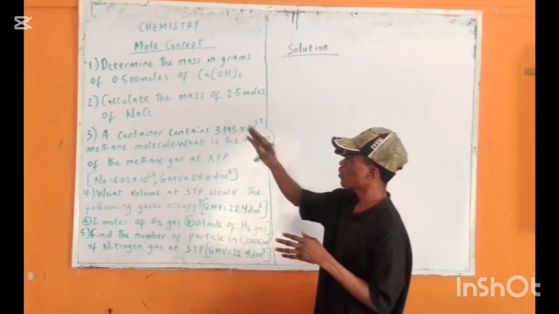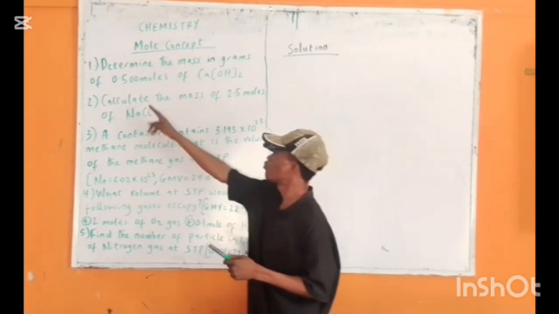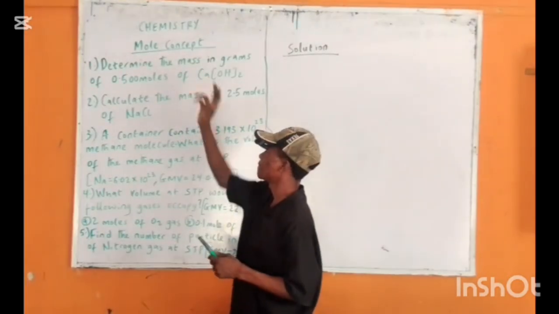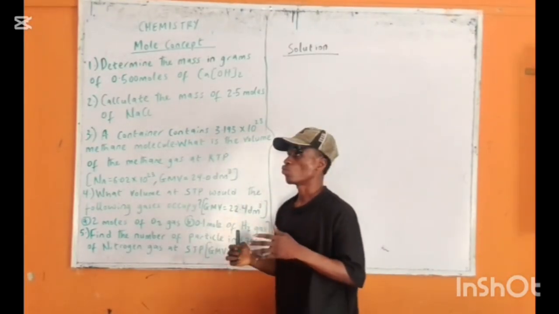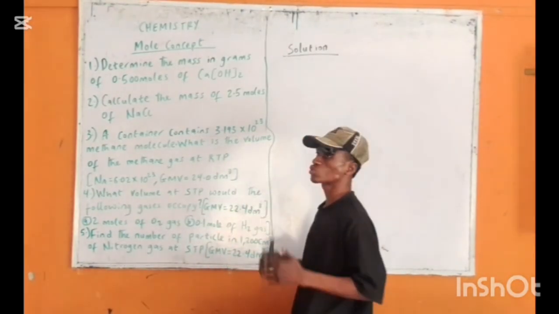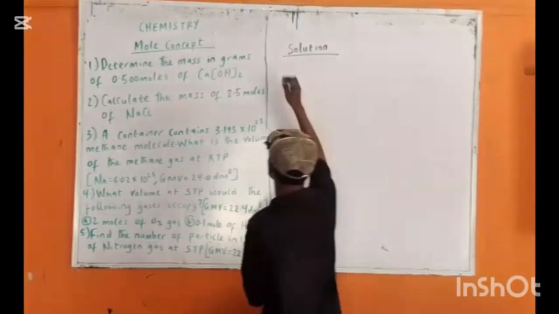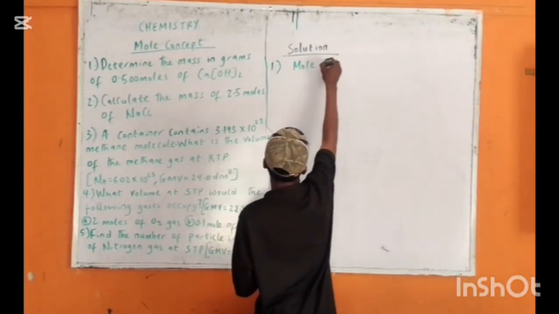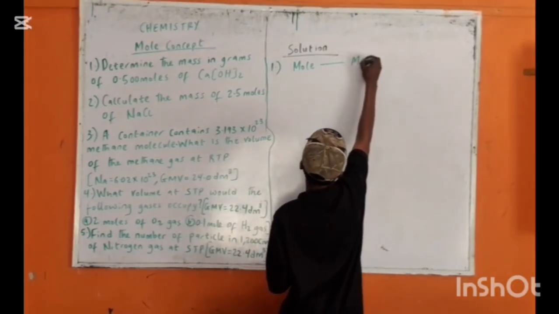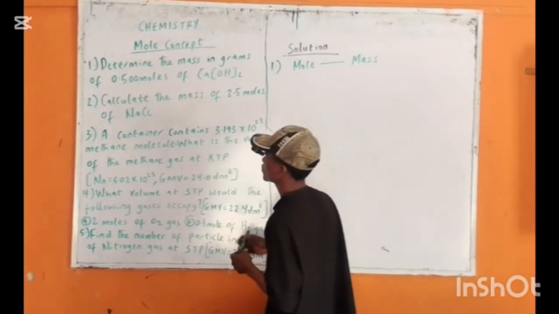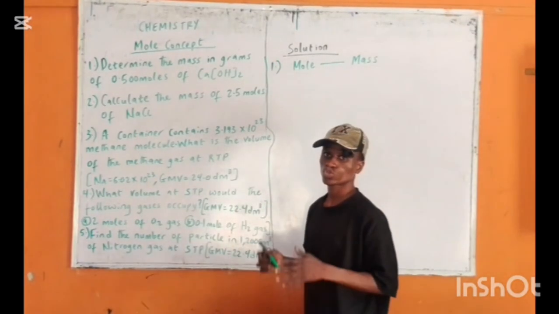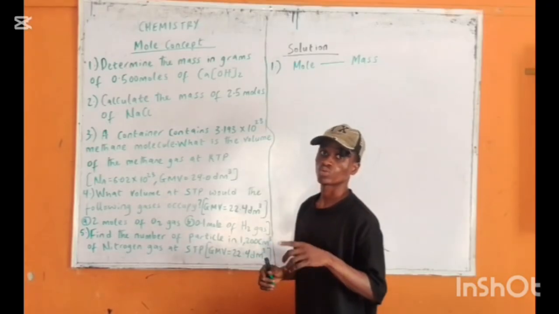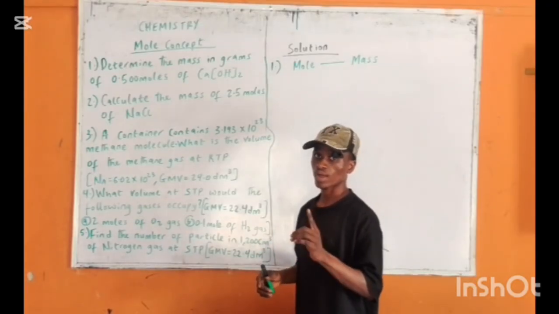For number 1, we are having moles and mass, so we are relating mole and mass. And everything you'll be solving must come from 1 mole.